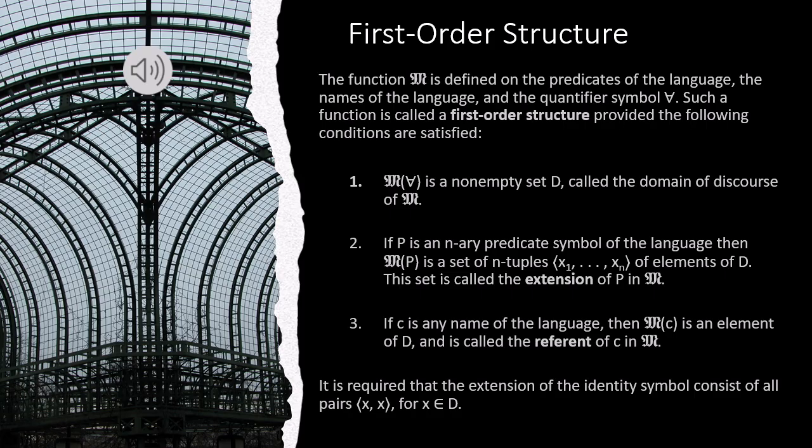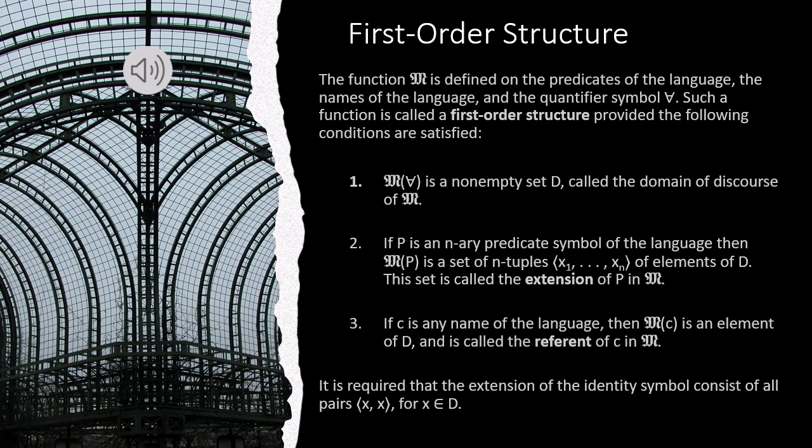Okay, so the definition here is fairly technical, and once we go through the definition, I'll give two examples of actual first-order structures, one that arises from Tarski's world and another that looks at the language of arithmetic. Now, the first thing that you should notice in this definition is this strange-looking symbol.